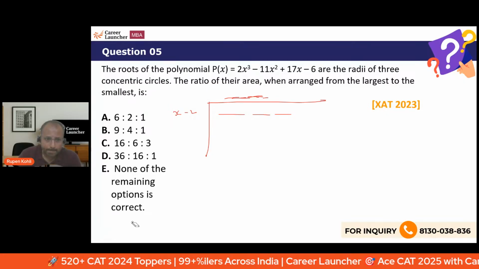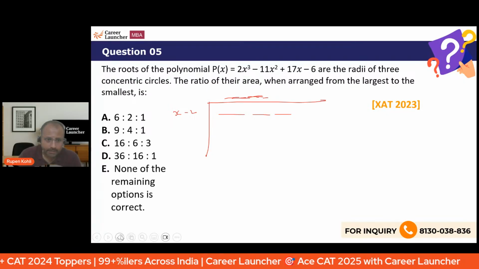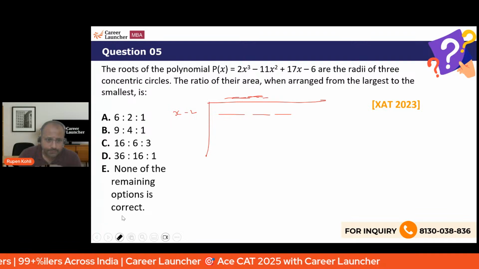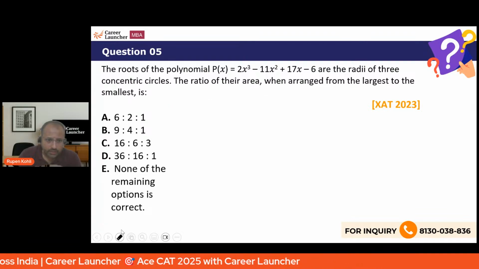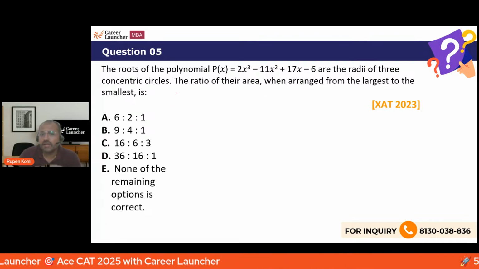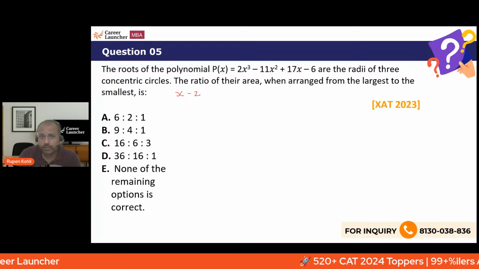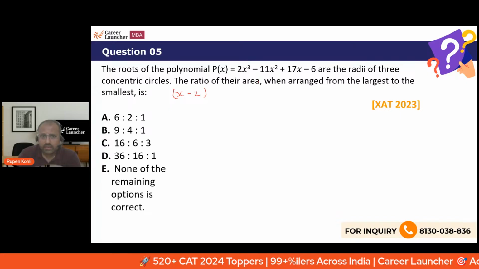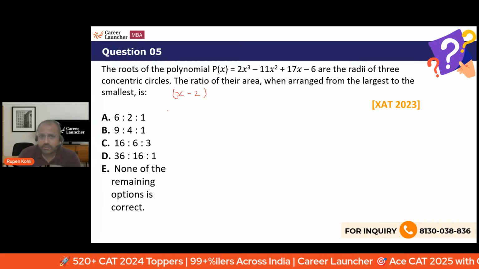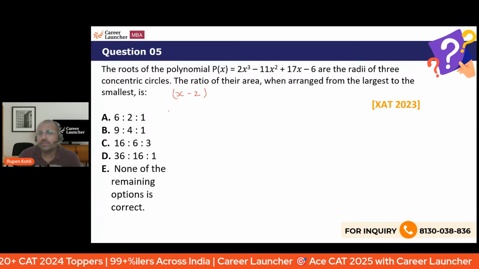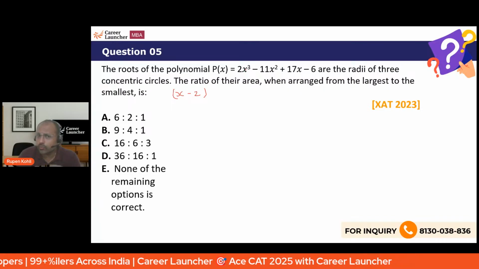Look at this. Here is how to do polynomial division very quickly. You know x minus 2 is the factor of this cubic because you have identified that 2 is the root. Keep on writing the terms such that you keep on factoring out x minus 2. So you see 2x cube.